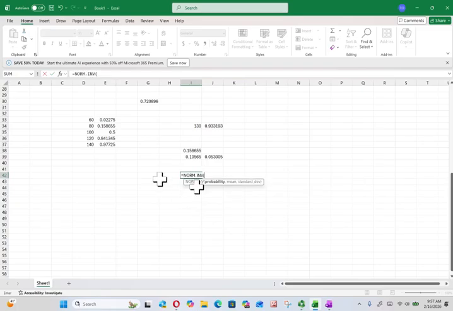What does the command want for the inverse? What's the first thing it asks for? It wants a probability, and then a mean and a standard deviation. Instead of getting a number and then finding the area to the left, we have the area to the left, and it will give us the number.